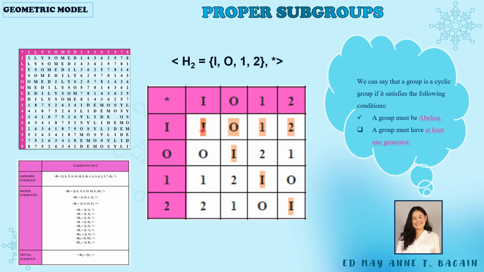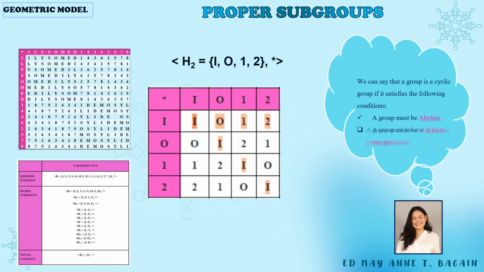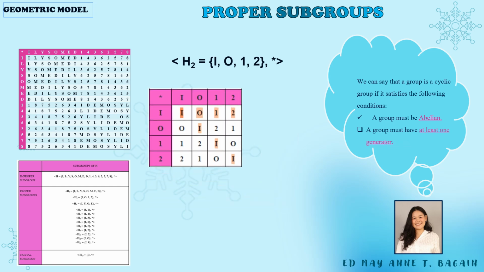As we can see, I star I is I, I star 0 is 0 star I is I, and then it will only go back to I. So there is not at least one generator. Okay, so abelian.